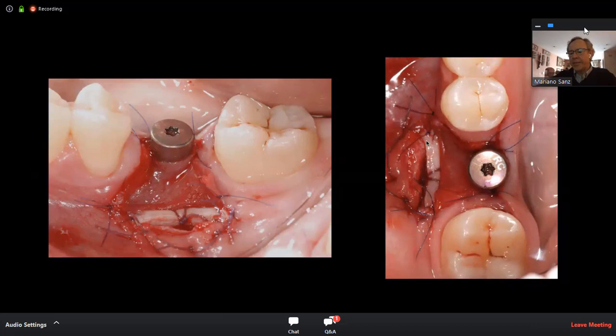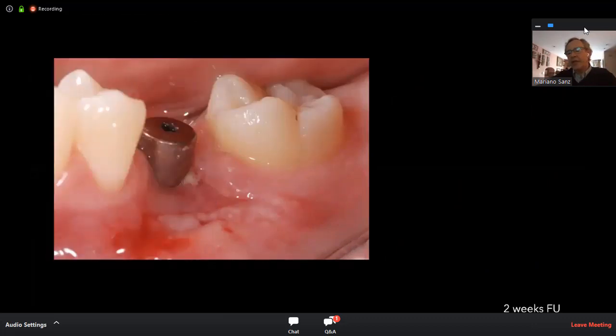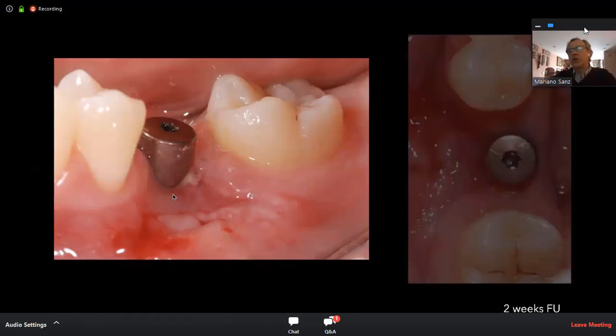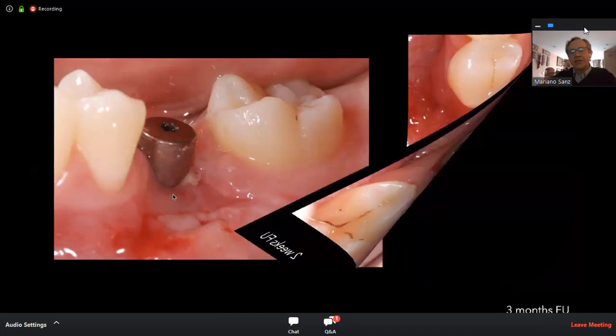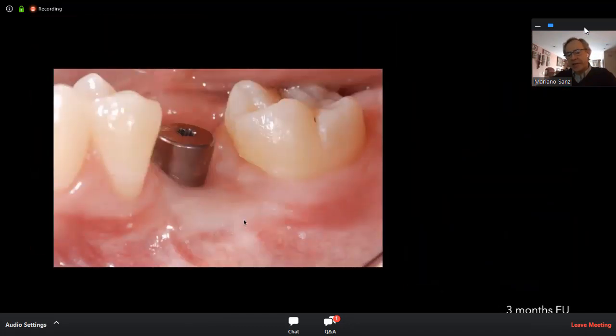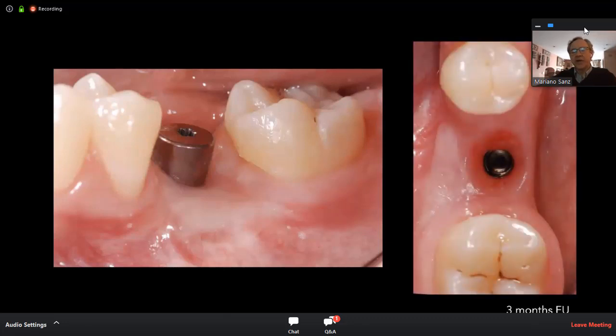So you see the fixation of this small strip from the palate, and of course the end result is very favorable, because by blocking the tissue coming from the alveolar mucosa, we allow more newly keratinized tissue, and you can see the nice amount of keratinized tissue that we can generate.